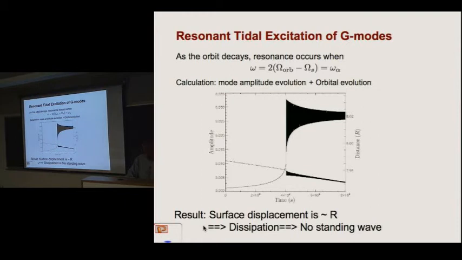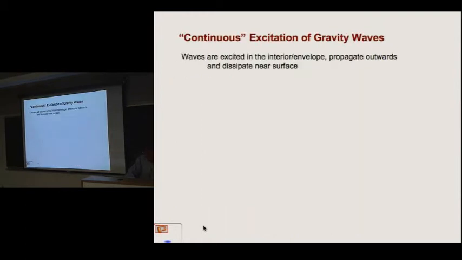You don't excite discrete g modes in the wave cavity. Instead, the right way to think about this problem is that you have continuous excitation of gravity waves inside the white dwarf, in the interior of the envelope of the white dwarf. Tidal forcing, the tidal potential, excites waves inside the white dwarf, and these waves propagate outwards.